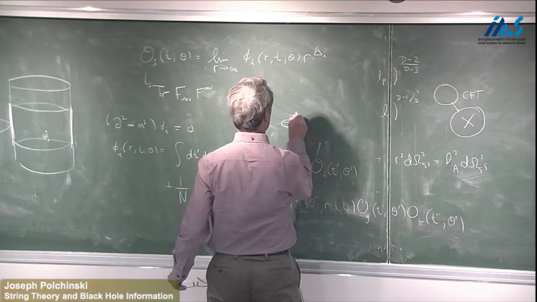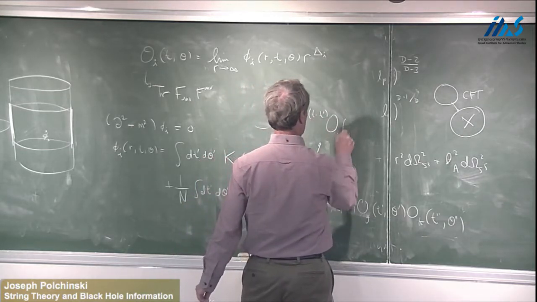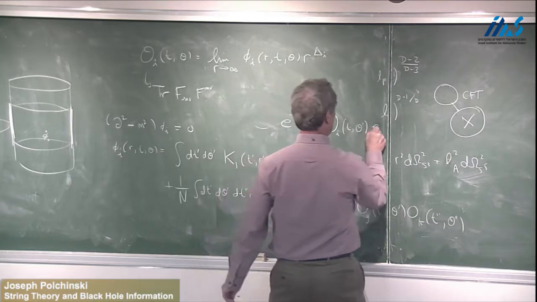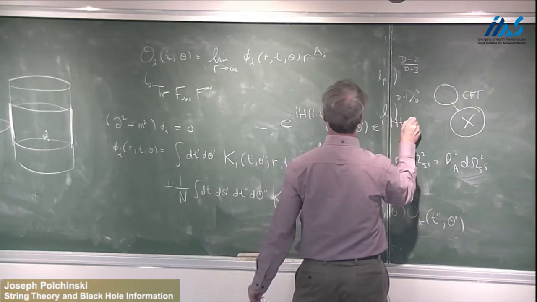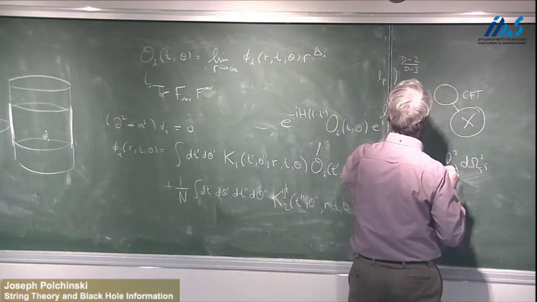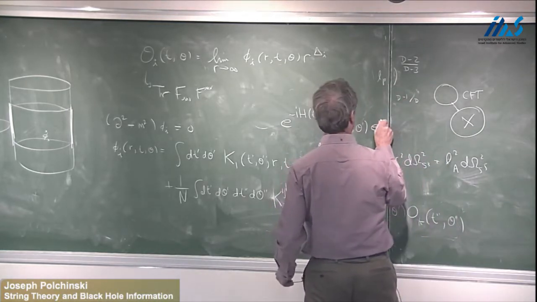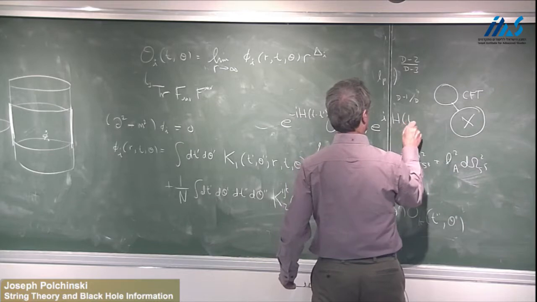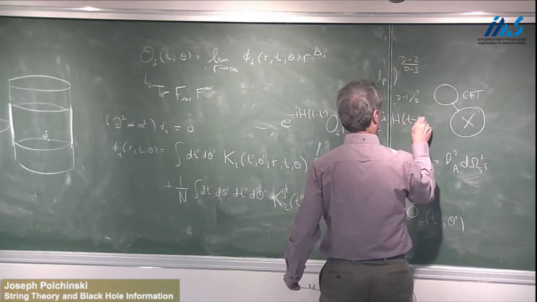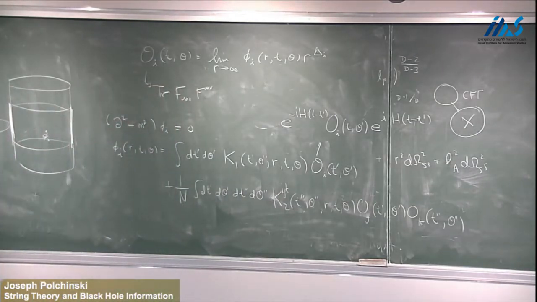So this would be e to the minus iH(t minus t prime), O_I of t prime, e to the iH t. So what this tells you is that there exist in the conformal field theory operators that will answer the question that I asked you. That is, I give you the state, and you use these operators to find out where the gravitons are in the interior.